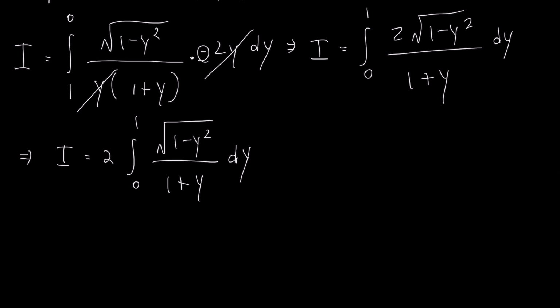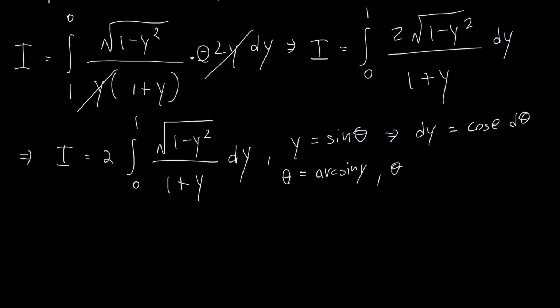And then from here, we could use a substitution. So we'll let y equal the sine of theta, which means that dy is cosine theta d theta. And that means that theta is the arc sine of y, which means that theta 1 is 0, and theta 2 is arc sine of 1, which is pi over 2. But this also means that the square root of 1 minus y squared will be cosine of theta.